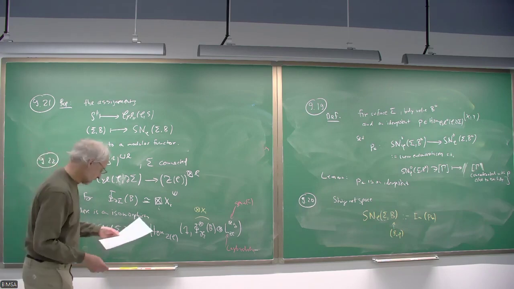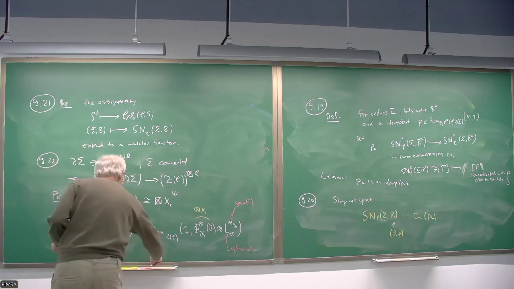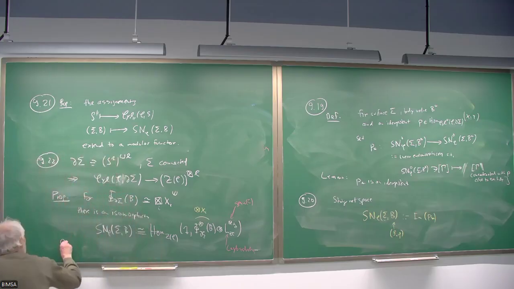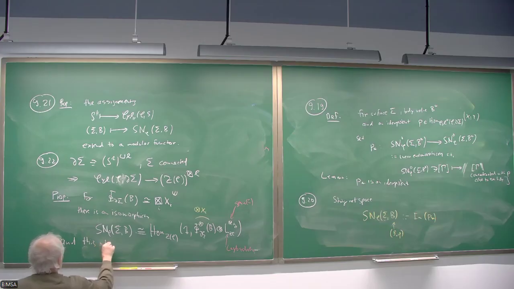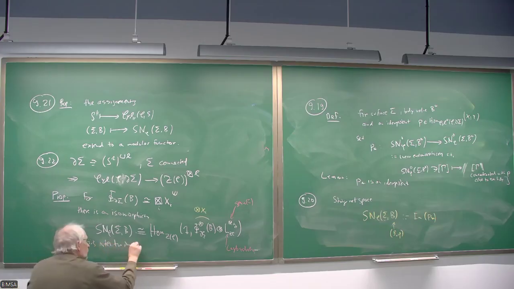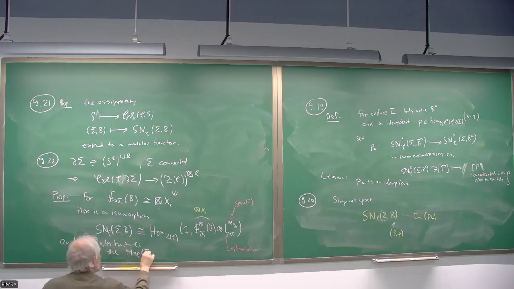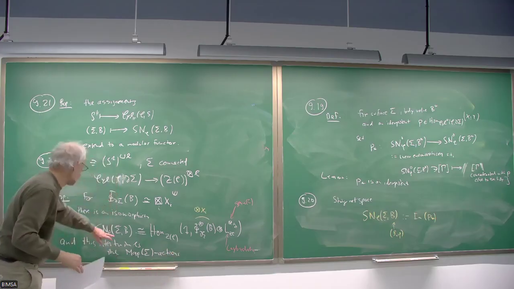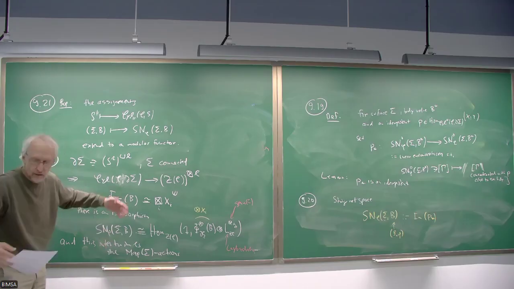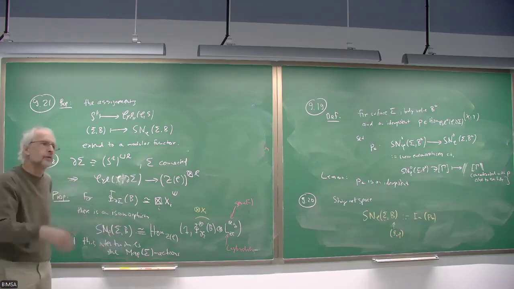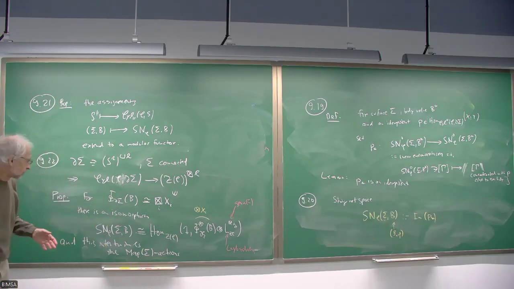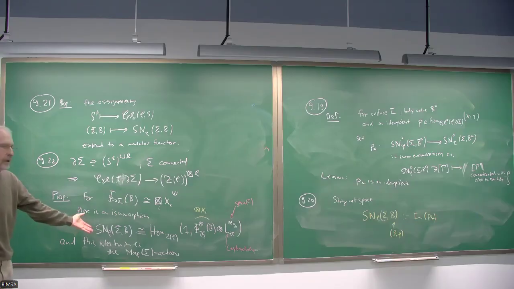And in addition, this intertwines the action of the mapping class group on two sides. And what is that action? Well, on the left side, I have described it. It's just using how diffeomorphisms act on graphs. This is geometric and it's very simple.